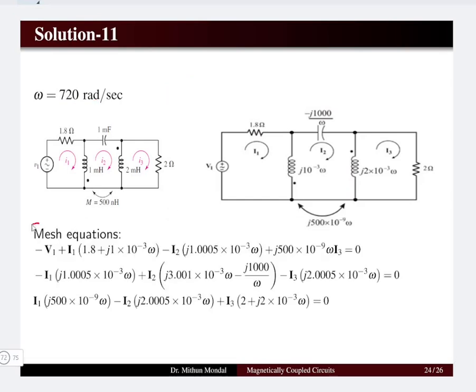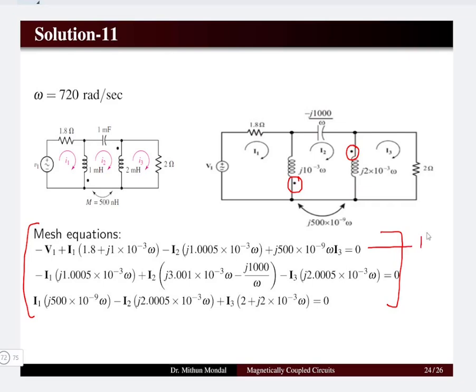Now we can write the mesh equations in the 3 individual loops with appropriate sign conventions. Here we can see the dot position in the 2 inductors and how the currents are entering or leaving the dot in order to write the KVL equations.